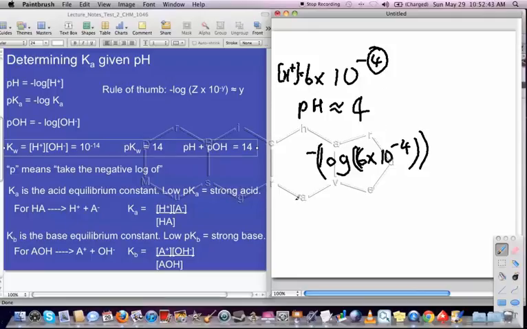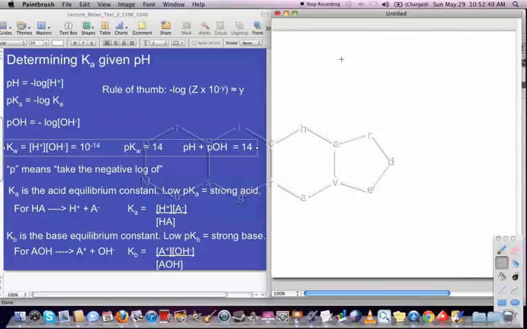Now, a couple of things we know about this is that if you've got water, water will dissociate, not very much, but it will dissociate into H plus and OH minus.